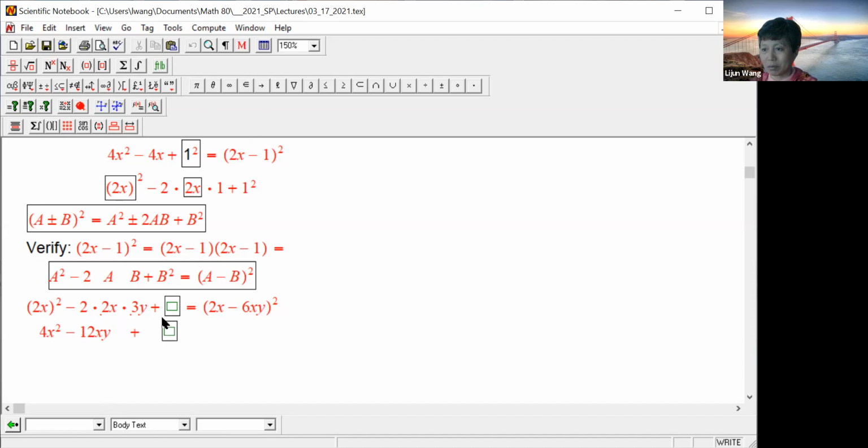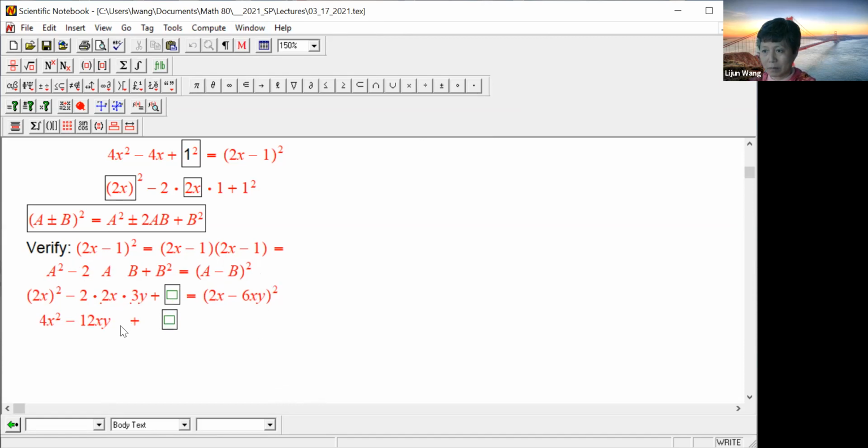Have you identified the capital B? 2AB. Do you see it? What should be capital B? It's a 3y, isn't it? Do you see that?